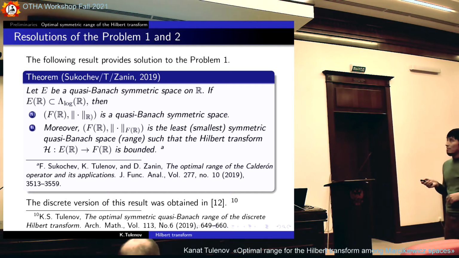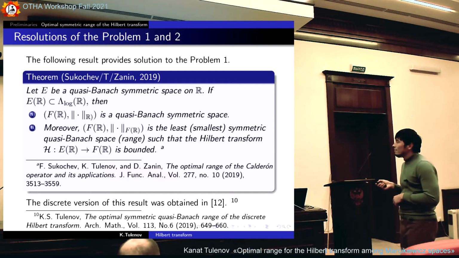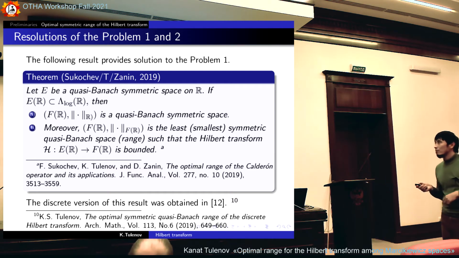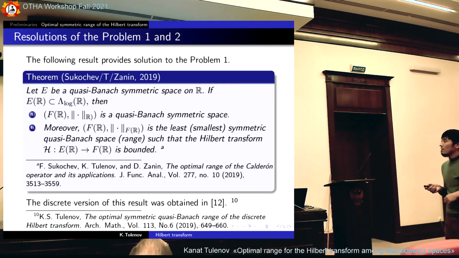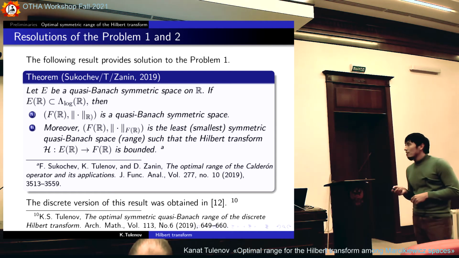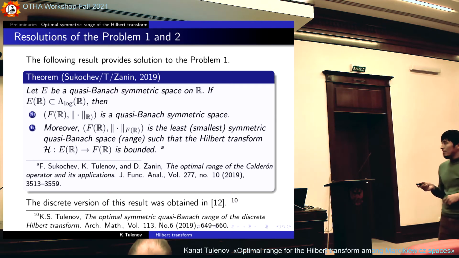Moreover, this space is the least, or smallest, symmetric quasi-Banach space, which we call the optimal range, such that the Hilbert transform is bounded from E to F. This result was published in this paper, and the answer to the second question, the discrete version of this theorem, was obtained in the second paper.